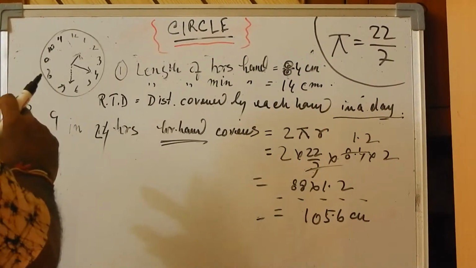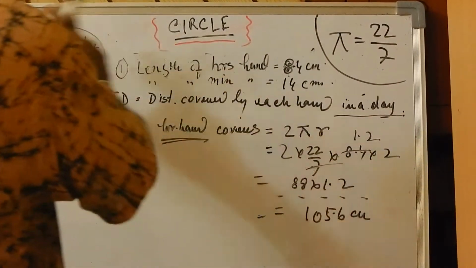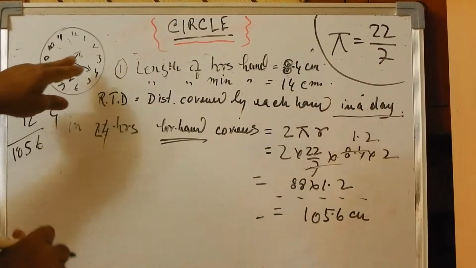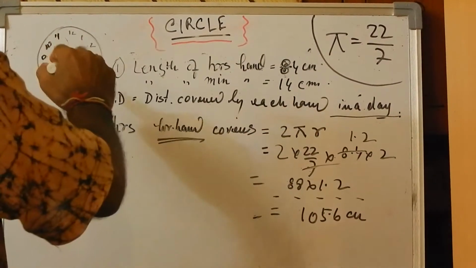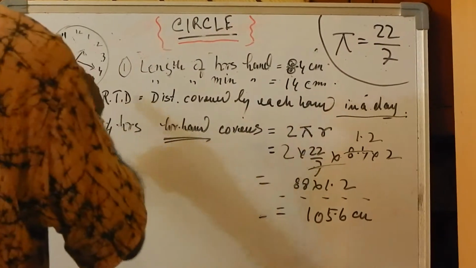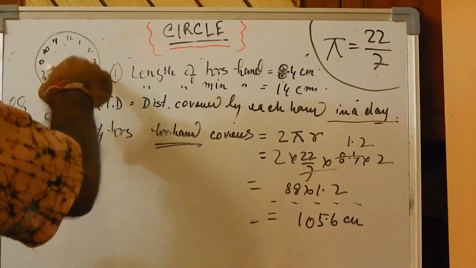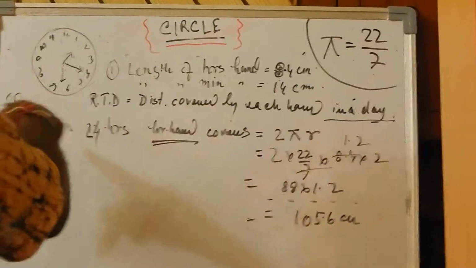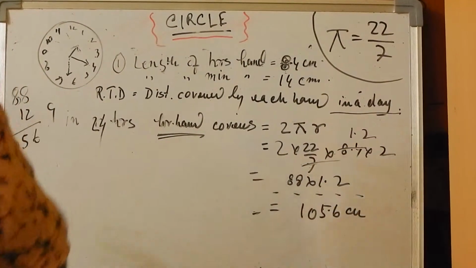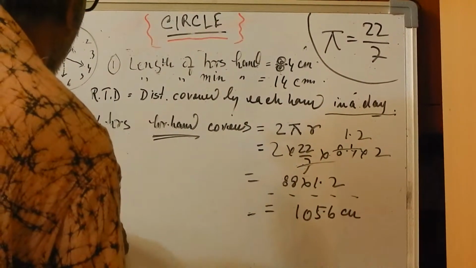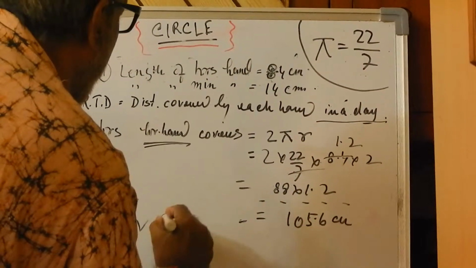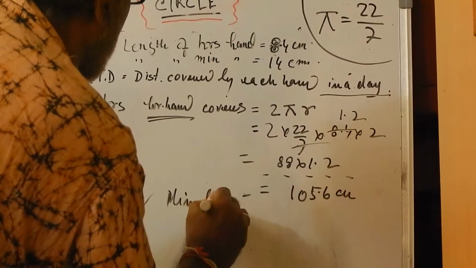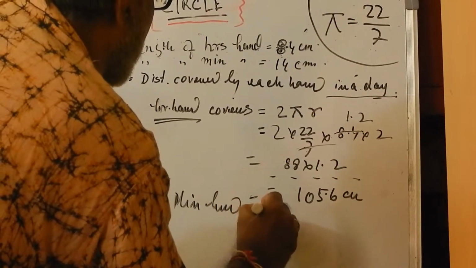In 12 hours the hour hand covered the whole circle, but as you know, the minute hand moves faster, so it covers the whole circle in 1 hour.